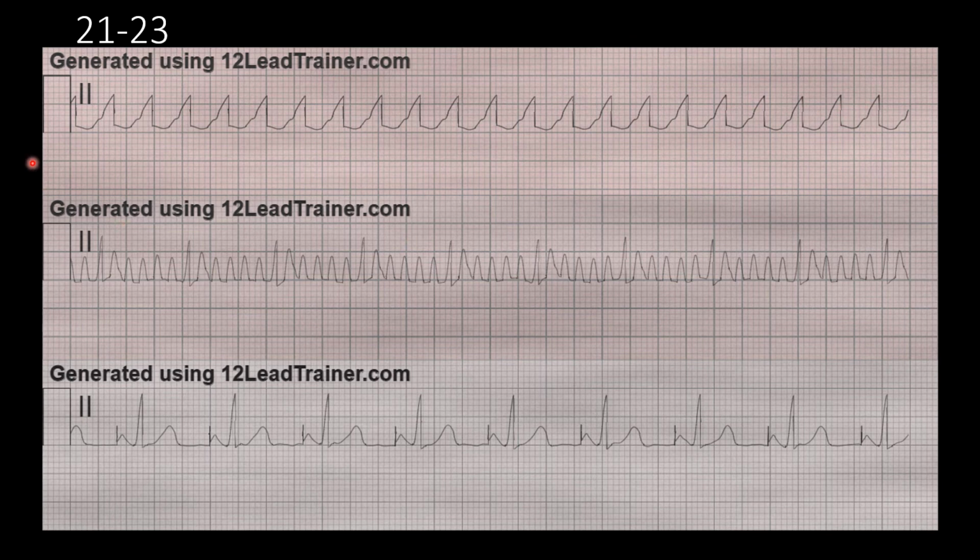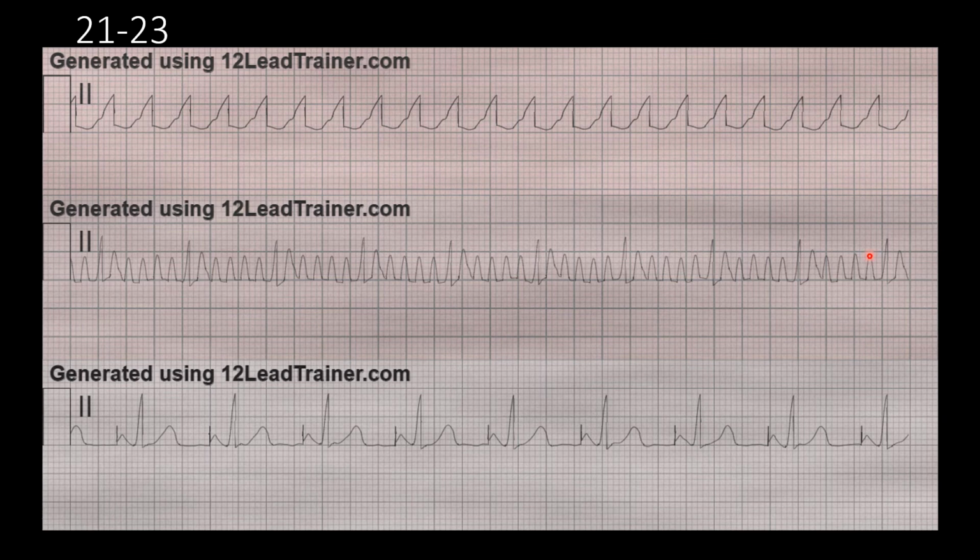So this would be a rate of about 210 by that method, so very fast. And with this, there are no P waves, so we can't get a PRI. The QRS appears to be pretty wide. Chances are this person doesn't have a pulse. They might, but I would call this ventricular tachycardia.